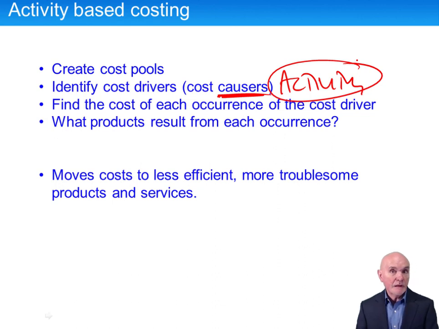That allows you to work out the cost per unit. What it does is transfer costs towards the more troublesome items, the items where you have to incur relatively high costs and you don't get very many items produced for all of that bother.